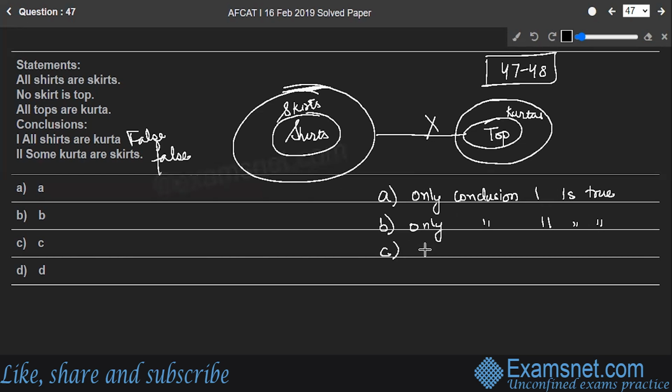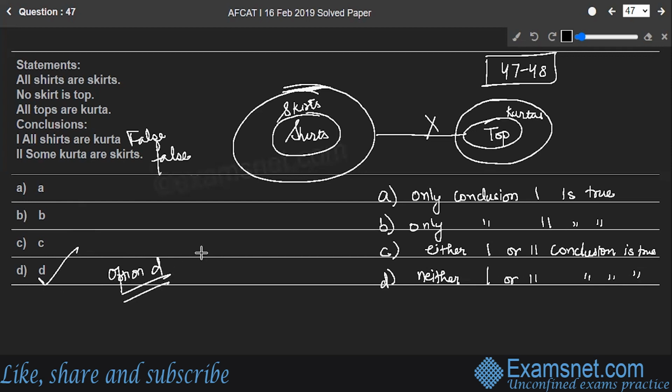C is either 1 or 2 conclusion is true. D is neither 1 nor 2 conclusion is true. So in our case, both the conclusions were false. So we have option D as our answer. Hope this is clear. Next is question number 48.